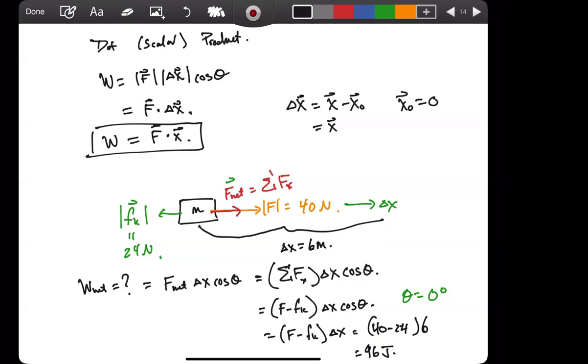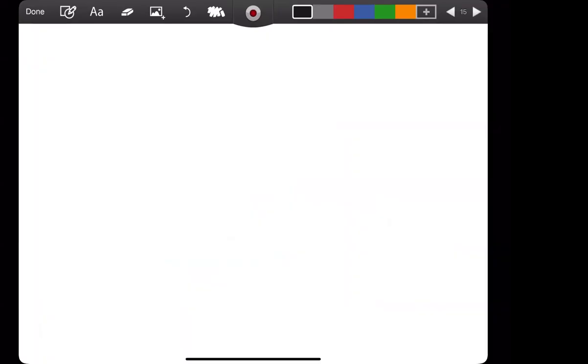Now, an alternative way to do this, and what we can actually see from here is, let's write this out a little bit further. So I can look at my net work, which is equal to, again, my net force times my displacement times cosine of the angle between the two, which here is the same thing as the force minus the friction force times my displacement times cosine of the angle.